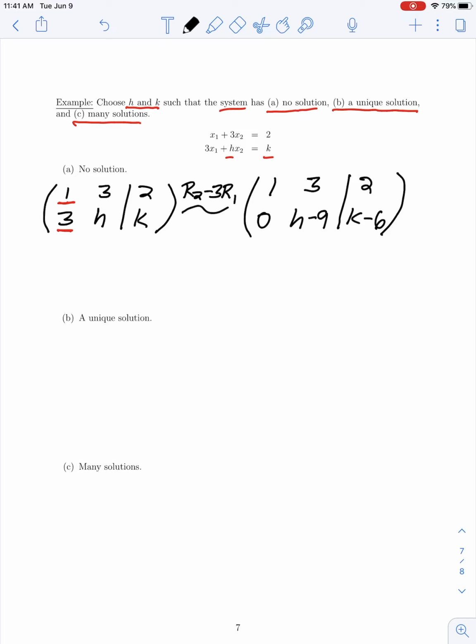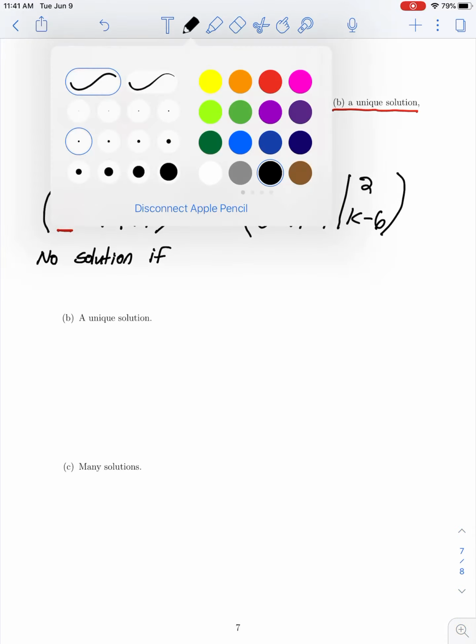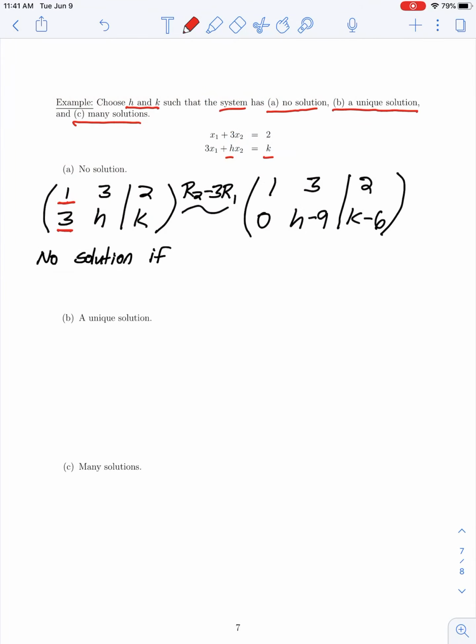So our theorem regarding existence and uniqueness of solutions gives us a condition for when we would have no solution. So what is that condition? We would have no solution if this last row of our matrix in row echelon form would be of the form 0, 0 equal to some non-zero number.